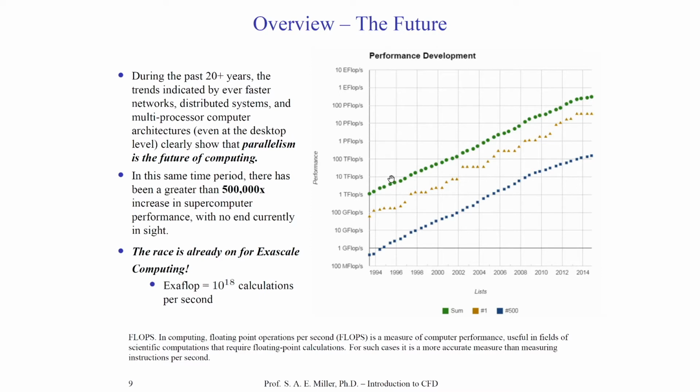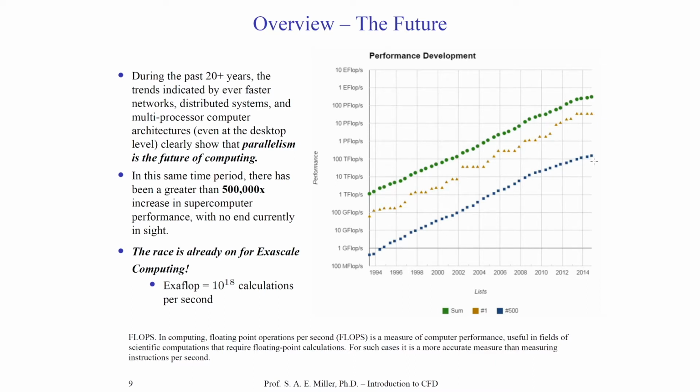You can see that the summation of the top 500 fastest computers adds up to this green dashed line. It can also be seen that the world's fastest computer in 2014, at least with publishable data, was running at over 10 petaflops, and the 500th fastest was only running at 500.